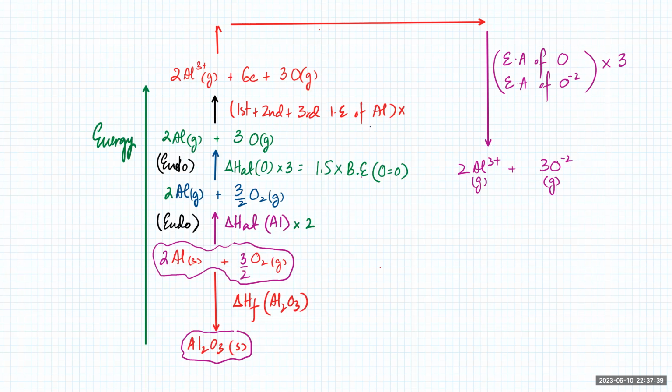Why did you do the arrows that way? I didn't understand. That's because electron affinity is exothermic, at least the first one is exothermic. Oh, endo is going up. Okay, so now it's going the opposite way.